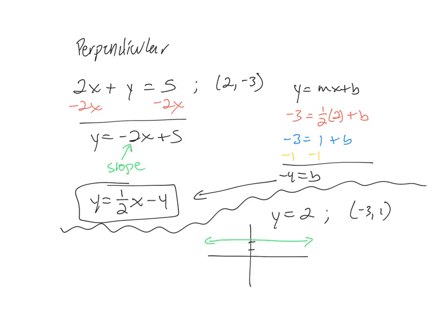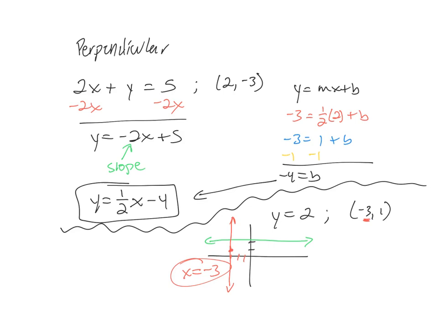And then it's got to go through negative 3, 1. So perpendicular would mean it's got to go like this. So an up and down line means you use the x numbers. So this line right here is x equal negative 3, and that would be the answer.